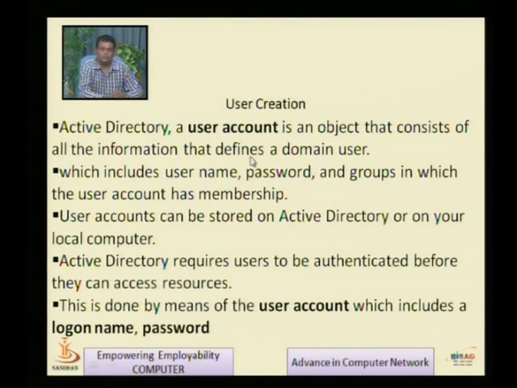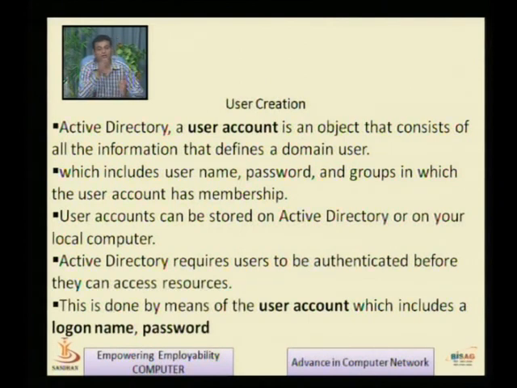Now, for Active Directory user creation, what do we require? In Active Directory, a user account is an object that consists of all the important information that defines a domain user. So in Active Directory, our user is simply an object, and it has a number of pieces of information about a domain user, like user name, user password, user rights, user policy, user group.